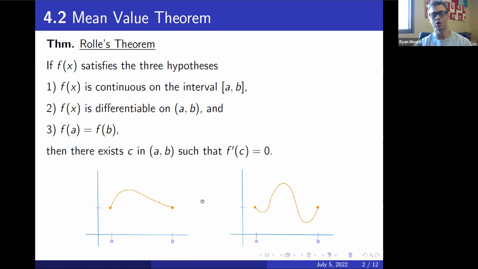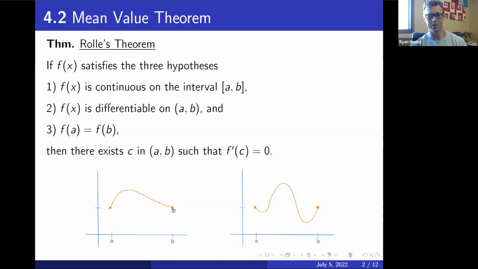So what we're saying is that somewhere between a and b, there is an x coordinate, we'll call it c, where the derivative at c is equal to 0. As you look at this, is the derivative 0 somewhere? Well, yeah, of course.